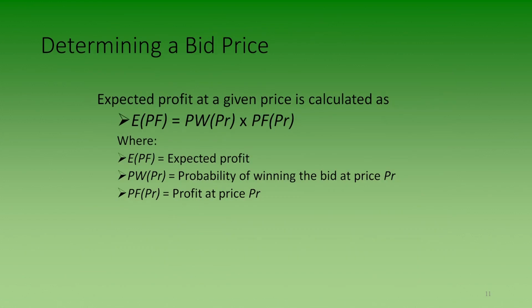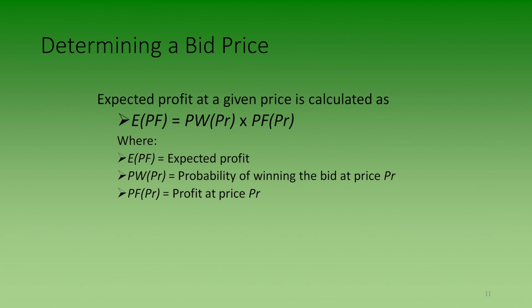And the two slides that I am going to show you show us how we decide on quantitative issues related to bidding. This formula that you have in front of you, EPF, is expected profit.